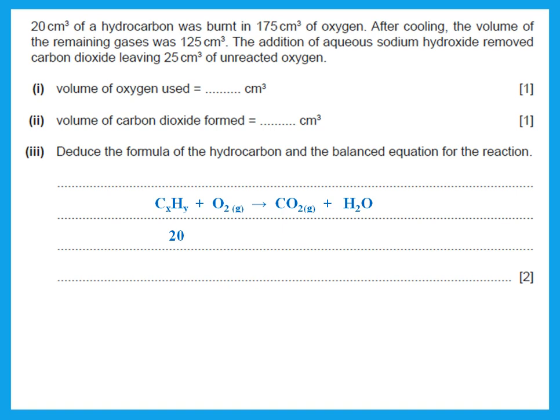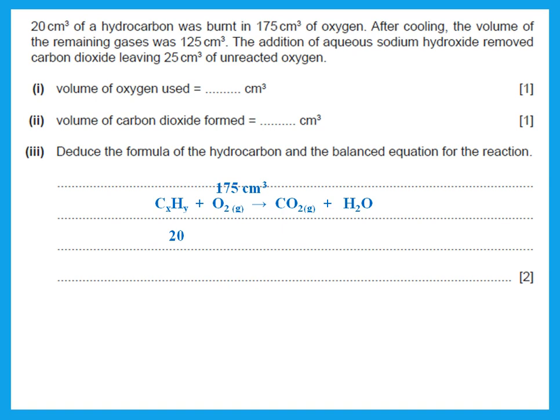Okay, so he says 20 centimeter cubed of a hydrocarbon was burnt in 175 centimeter cubed of oxygen. This is in excess. This is not the actual volume that reacts. Now, after cooling, the volume of the remaining gases was 125. Remember that the 125 is the total of what? Of the carbon dioxide that was formed plus anything remaining from the oxygen. Okay? He added aqueous sodium hydroxide to remove the carbon dioxide. You know that carbon dioxide is acidic, so it reacts with a base.